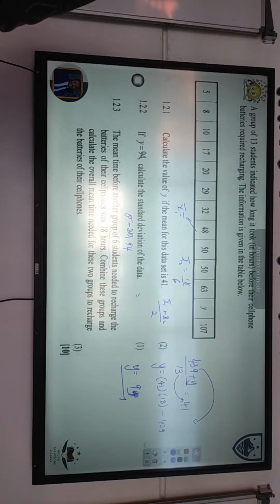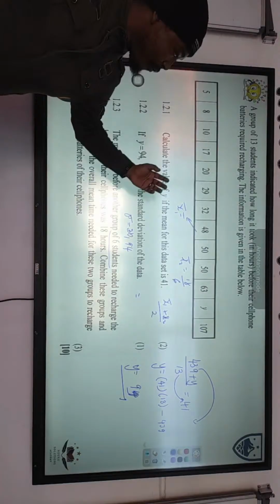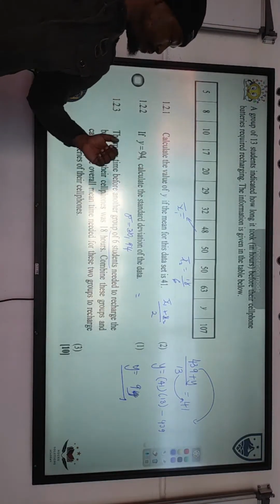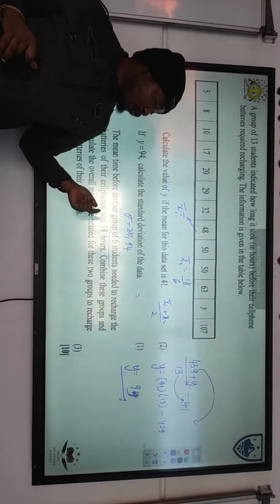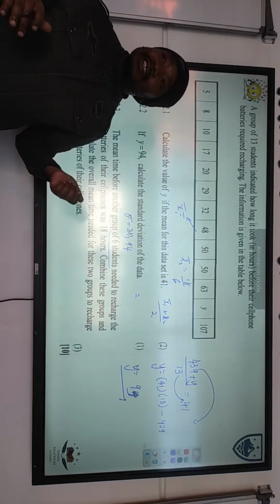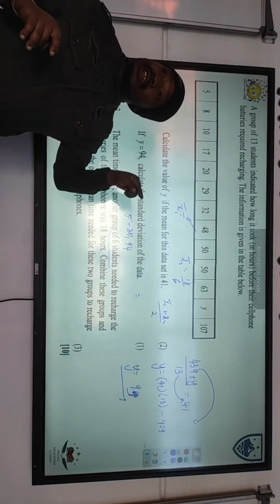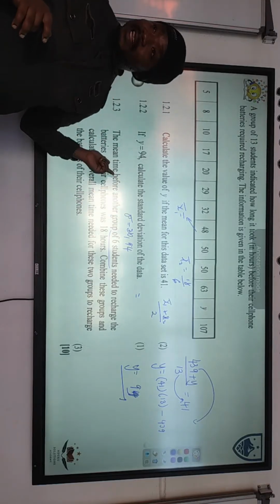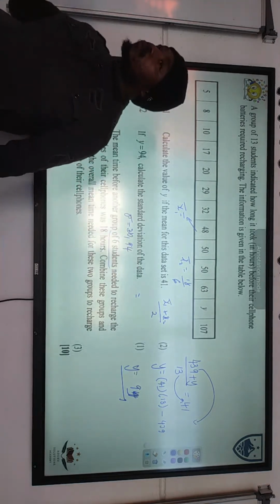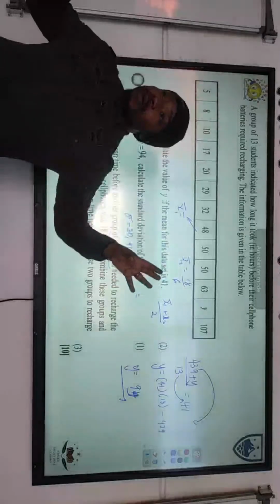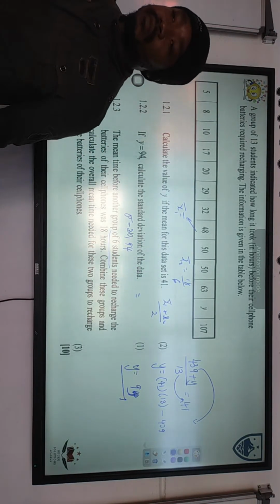We have 6 learners now. Those learners combined took 18 hours, so 18 hours divided by 6 is the mean of the new group. You take the two means, you combine them, and you divide them by 2.